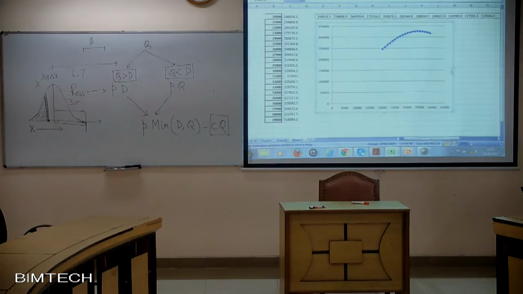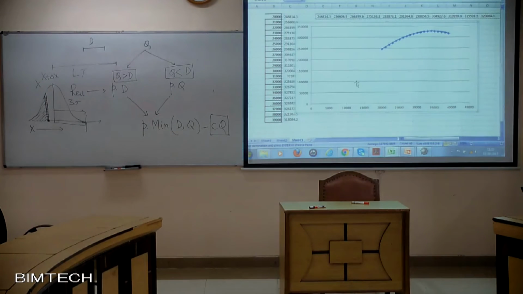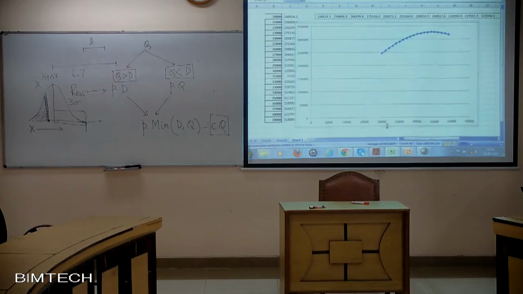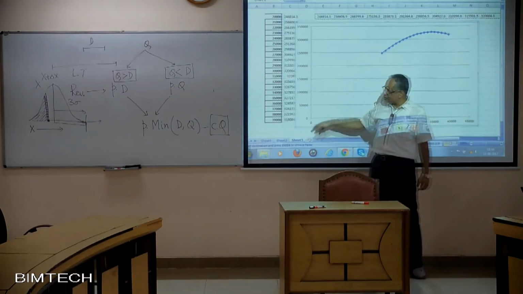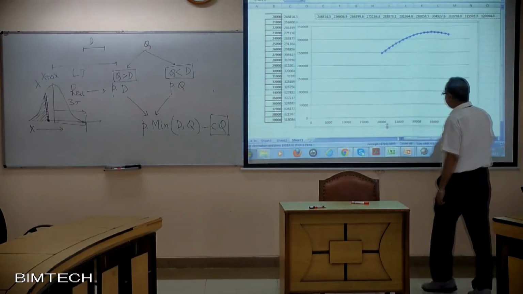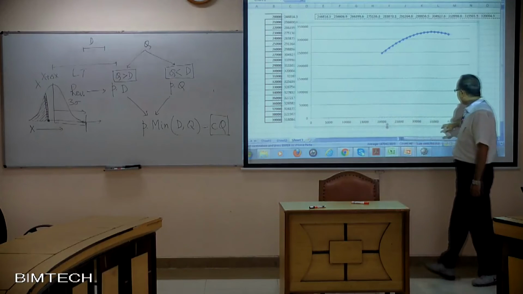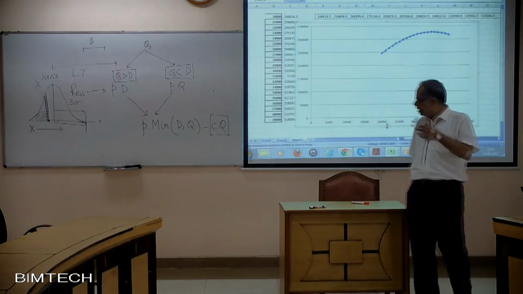If I were to expand this, perhaps, now this is something interesting. Let me explain this graph. What we have done is, we have the profit figures along the y-axis, and we have the order quantity along the horizontal x-axis.